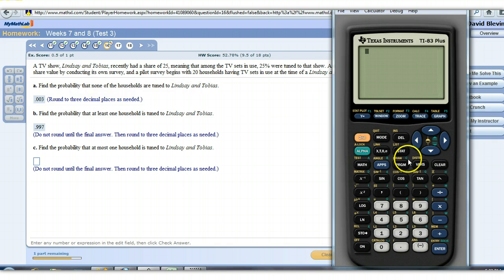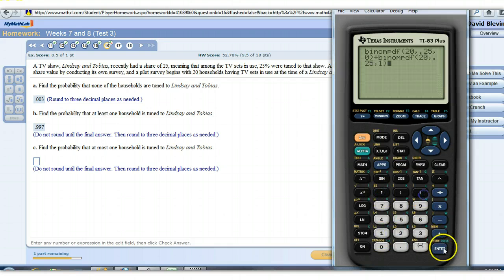Alright, so once again I can do a couple of different things. I can do the binomial PDF and just come up with the probability of 0, and then add to it the probability of 1, which is going through and doing the same thing but changing that 0 to a 1.